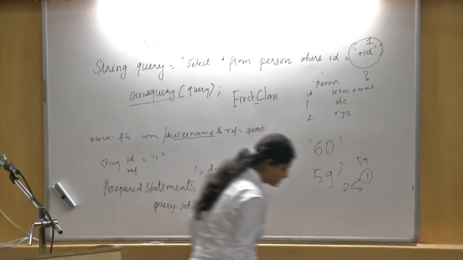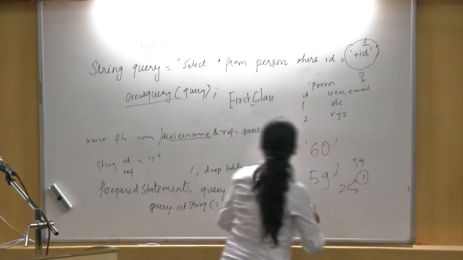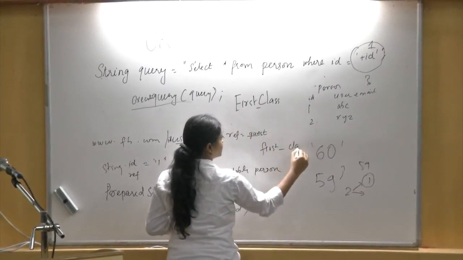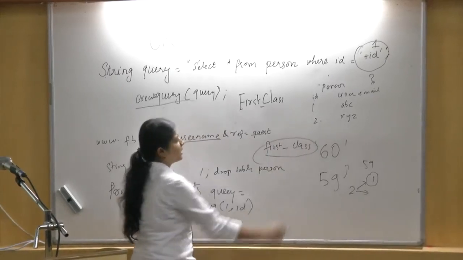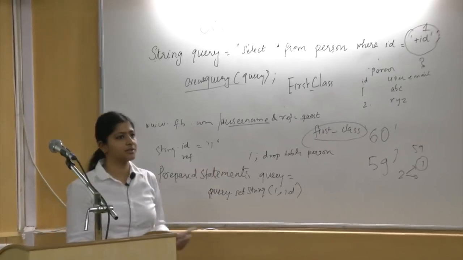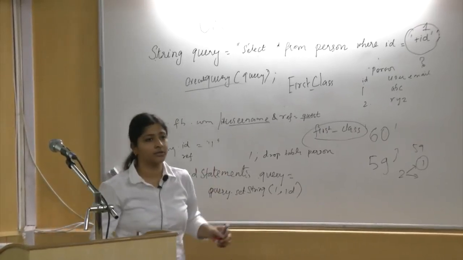You cannot do like first underscore class. That is the naming convention of a variable. Camel case is the convention for the variables. Please don't do it.